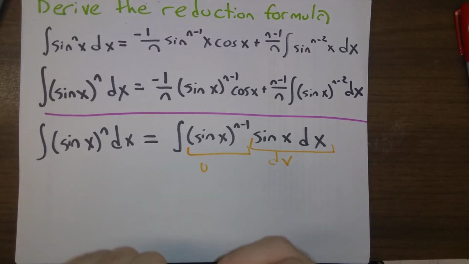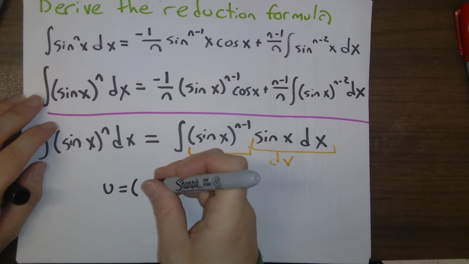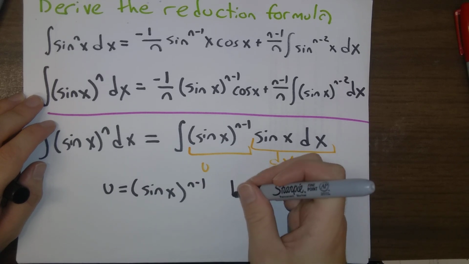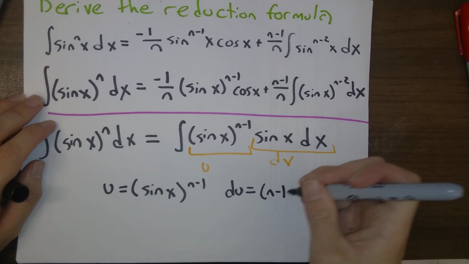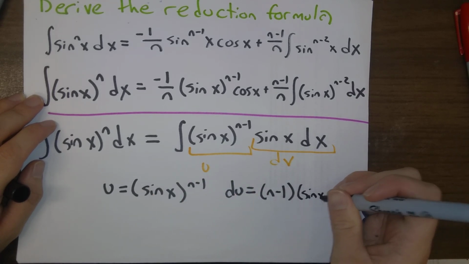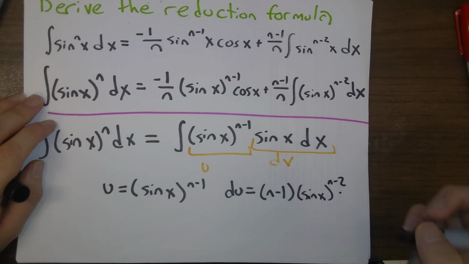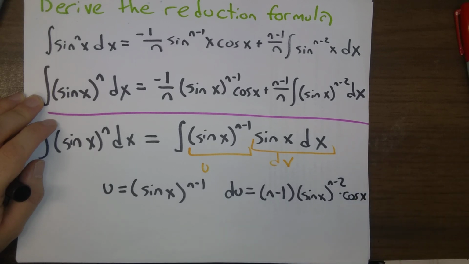If we make these choices here, u is equal to sine x raised to the n minus 1 power. We can take the derivative of that using the chain rule. So that n minus 1 comes down, sine of x raised to n minus 2, and by the chain rule, we take the derivative of what's on the inside there, cosine x.